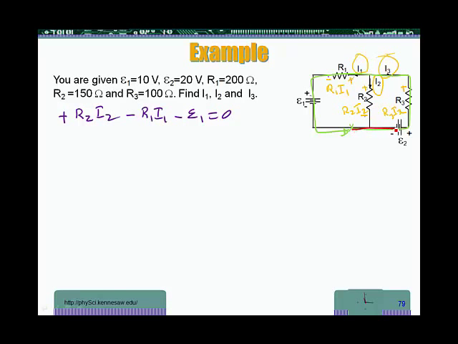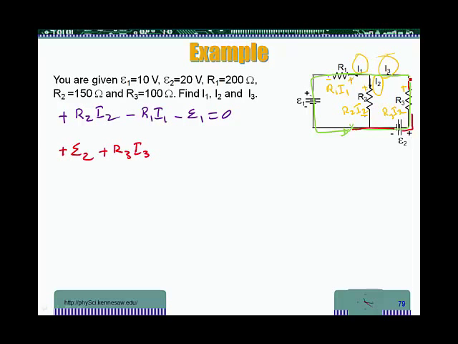So going from here, first thing I meet the minus of E2, so it's from minus to plus, so it's an increase, so plus E2. And then here we met the minus of R3, so it's again an increase in electrical potential, so it's plus R3I3.